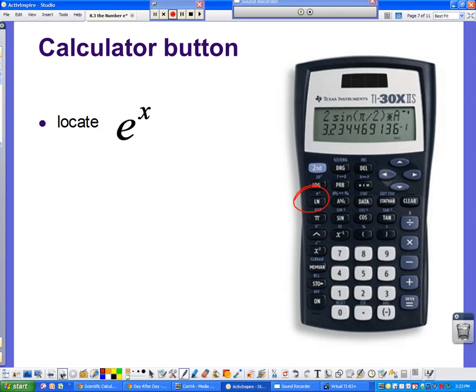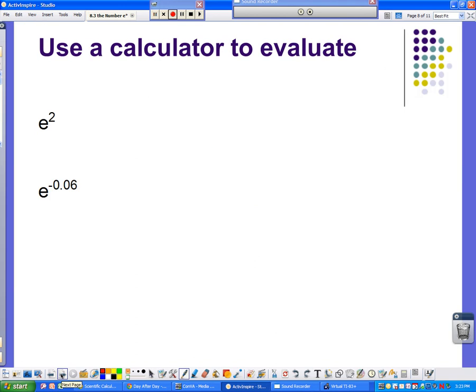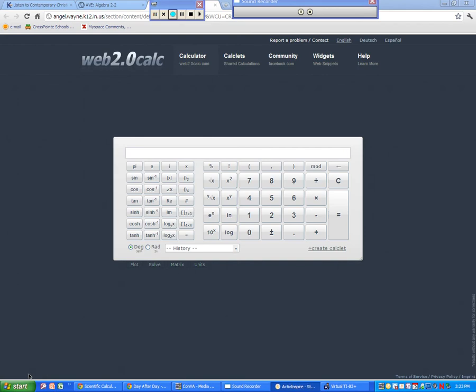Okay, so let's go ahead and evaluate these. I'm going to just write directly on this. So we're going to look for e squared. The first thing we're going to do is find what e squared is. So when I'm finding e squared, all I have to do is type in my e, and if you look up here, and then I'm going to type in 2.